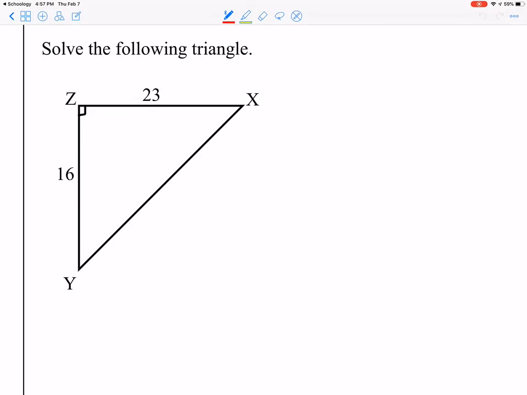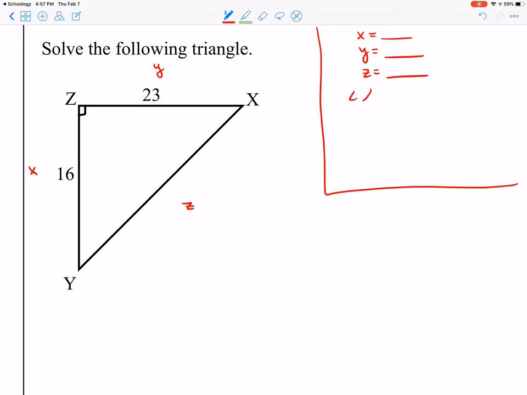Let's look at this one. I've got side Z, side Y, side X. So over here, I'm going to label those. I need to find side lengths X, Y, and Z, and I have to get angle X, angle Y, and angle Z. So what I'm going to do is look at my given.